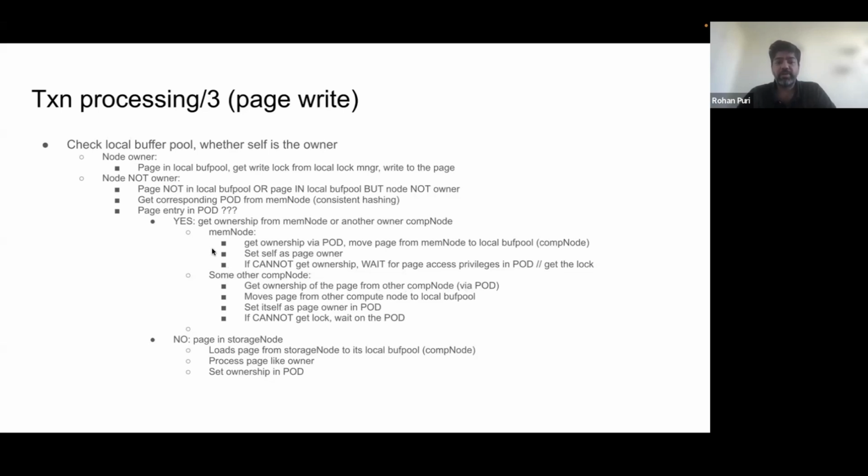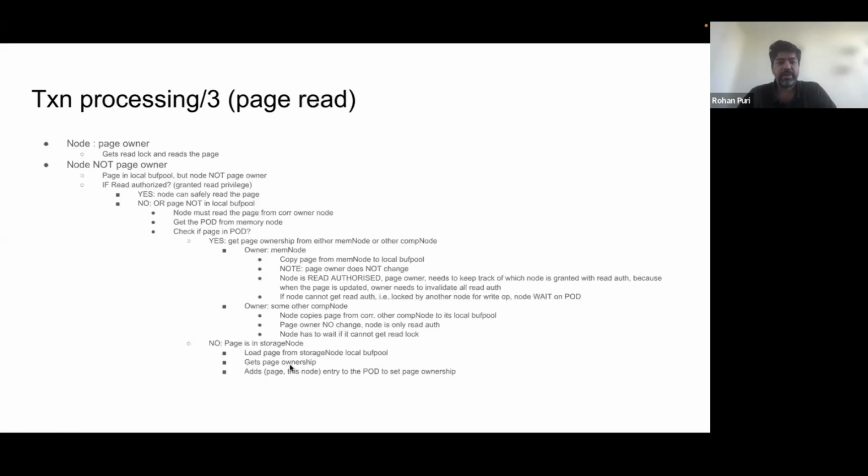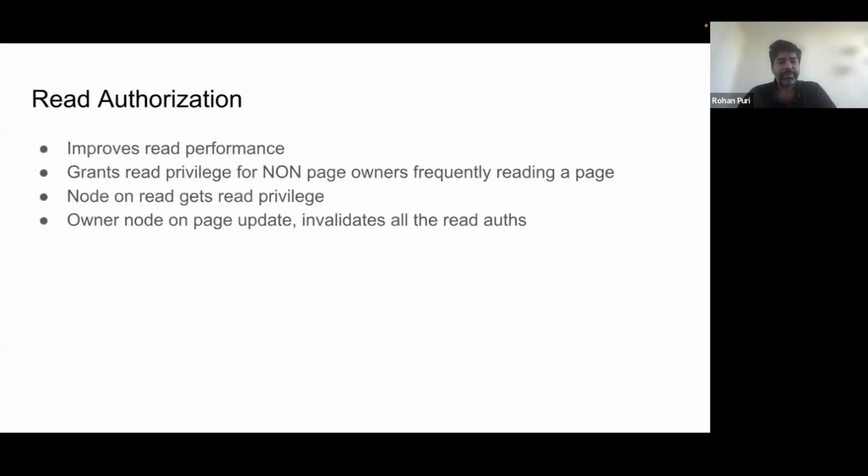But if the page was not there in the POD, or it was not there in the other compute node as well, then the page is there on the storage node. So you load the page from the storage node, and then you are the owner of that page, and you proceed as earlier. Now you have access. I'm not going into read for now.